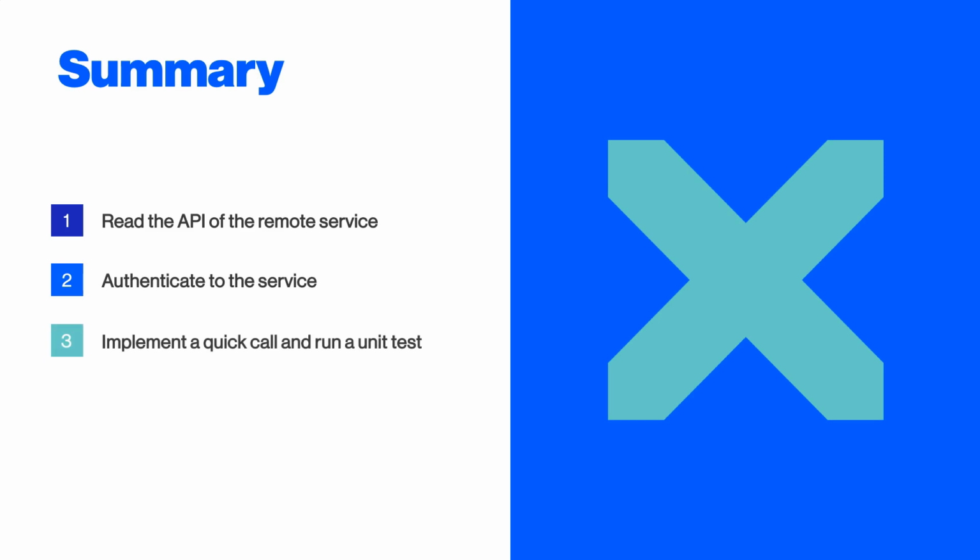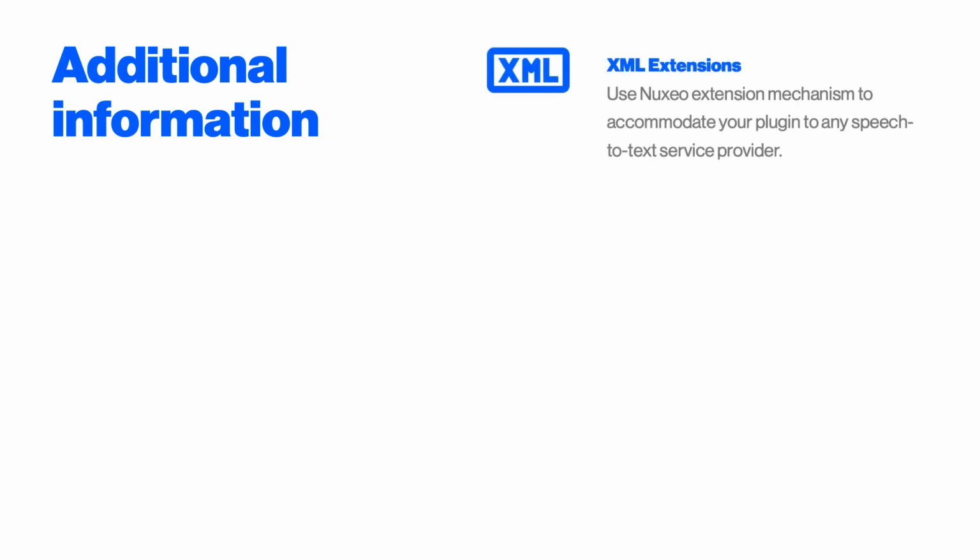This step validates authentication and the ability to get a valid response. Finally, implement the whole plugin. This package is really simple as we're only relying on Google services. We could have extended the service with XML extensions to accommodate Amazon's speech-to-text capabilities.